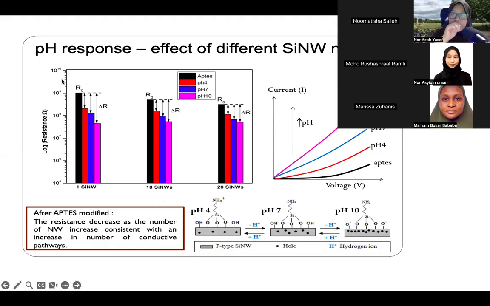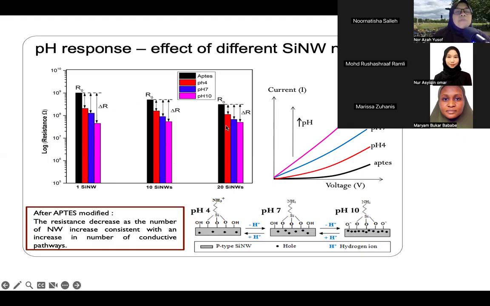So when this is plotted, how do you study this? Let's say I exclude aptus. I don't want to look at aptus. If you look at the colors with 1 silicon nanowire, you are trying to interpret this with 1, 10, and 20 silicon nanowires.